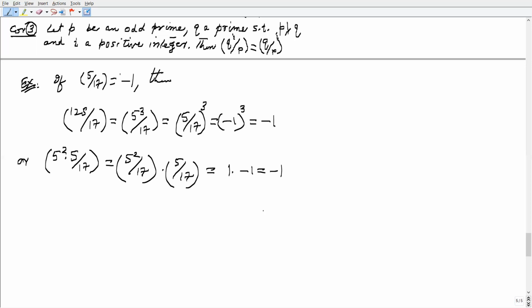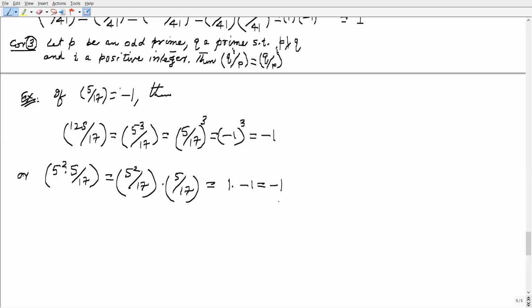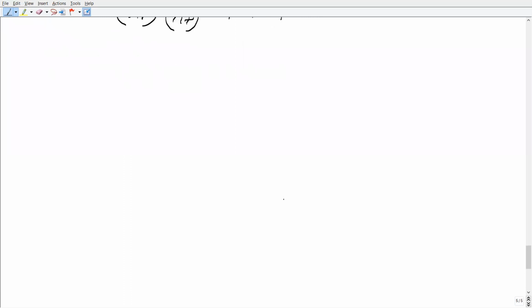Okay, we have another corollary, and we call it Corollary 4.